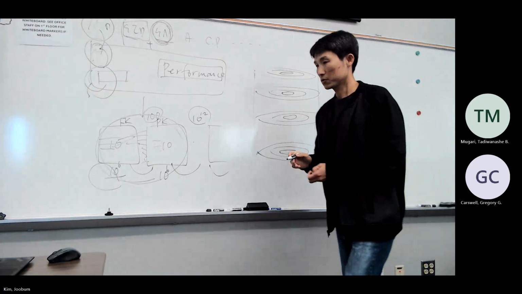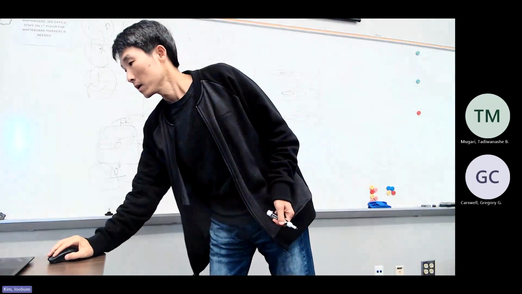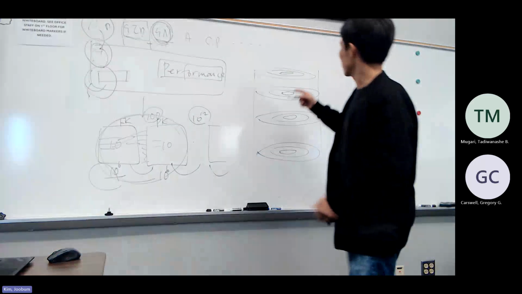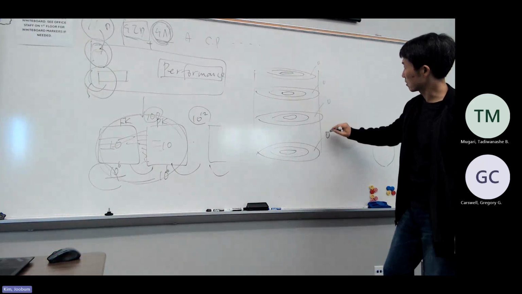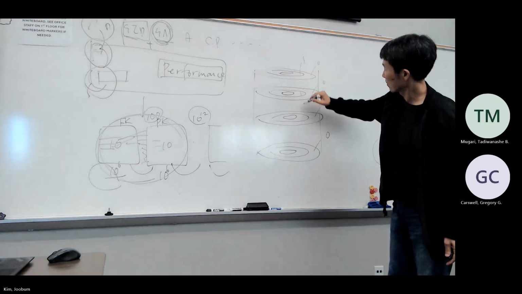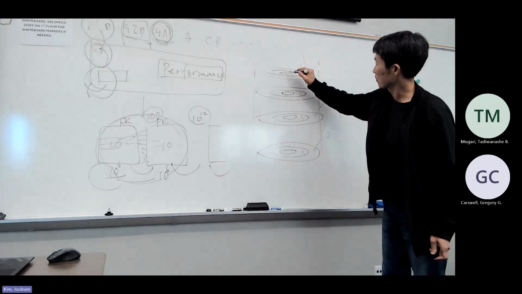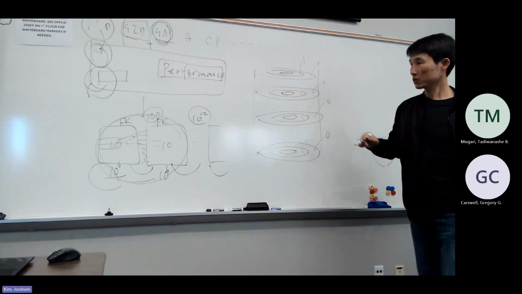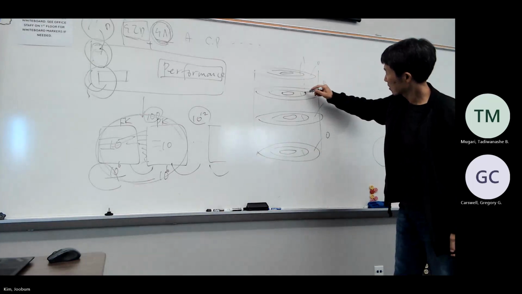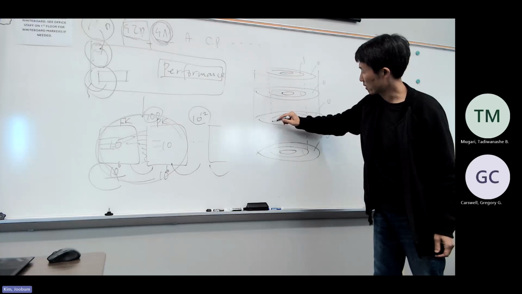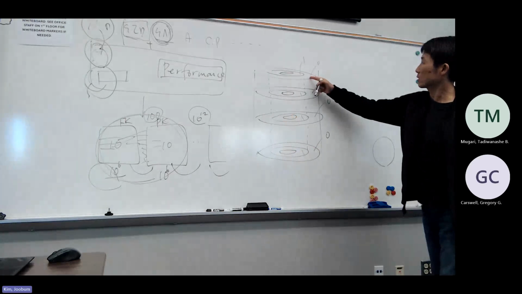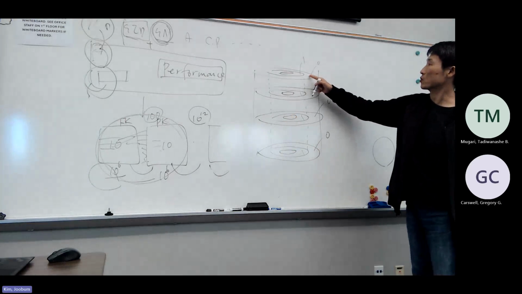It is a collection of tracks: this is track 0, and this is track 1, and so on. Draw an imaginary line, like, take a look at track 0.